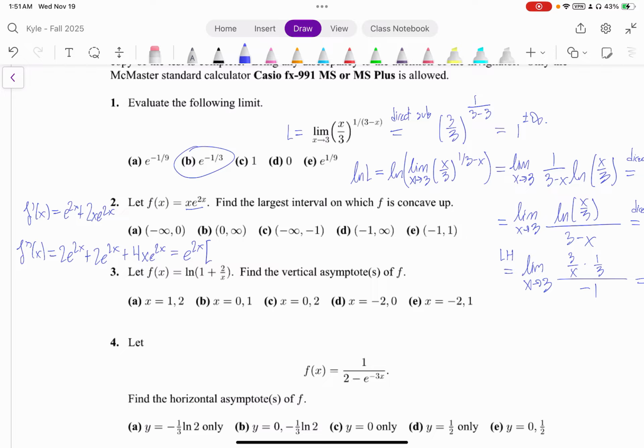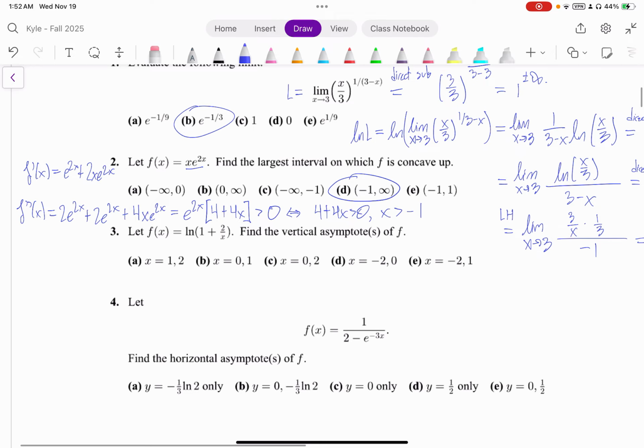So we'll have 2 plus 2, which is 4, plus 4x. We want this to be greater than 0. The e to the 2x term is always bigger than 0, so this is the same thing as saying 4 plus 4x bigger than 0. So x is bigger than, so move 4 to the other side, so negative 1. So x is bigger than negative 1, so negative 1 to infinity.